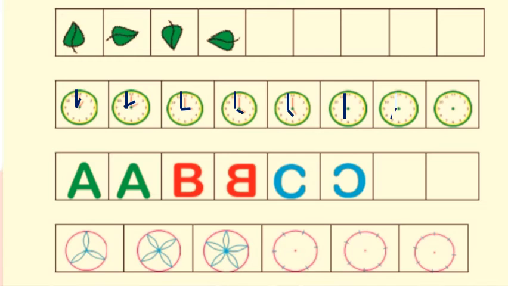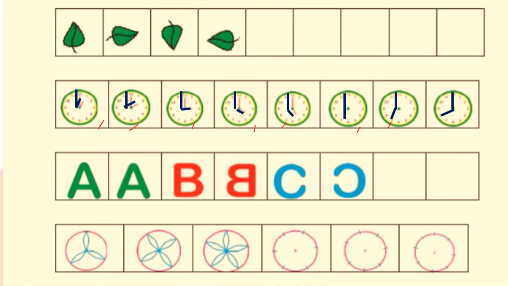6, 7, because here this is 1, 2, 3, 4 o'clock, 5 o'clock, it is given. Then we have to fill these 3. This is 6 o'clock, this is 7 o'clock, and this is 8 o'clock. It should be, isn't it?